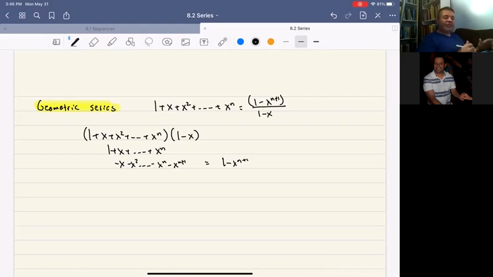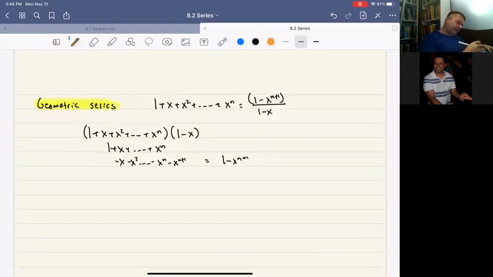Now, our question is, what happens if we keep this going forever? So we write it like this. Remember, when k equals 0, x to the 0 is always 1.